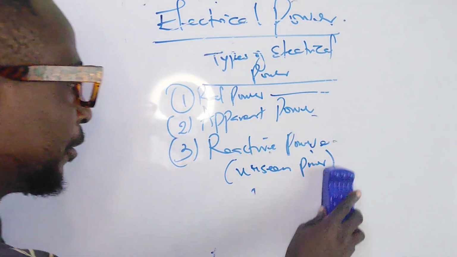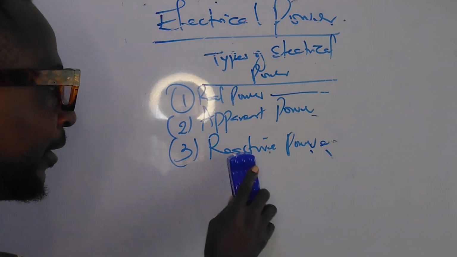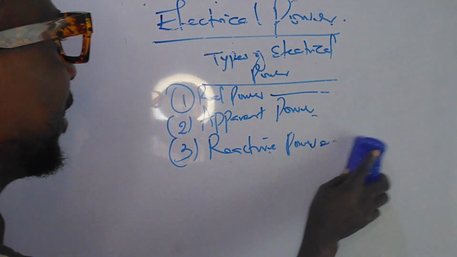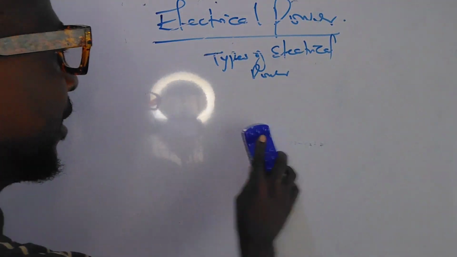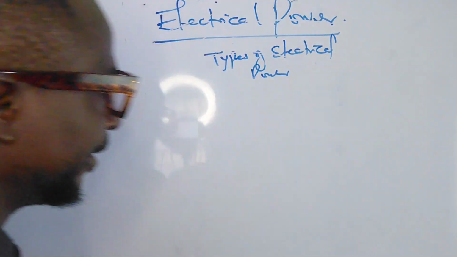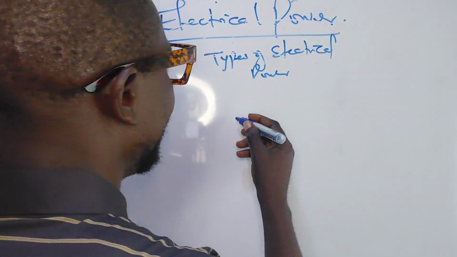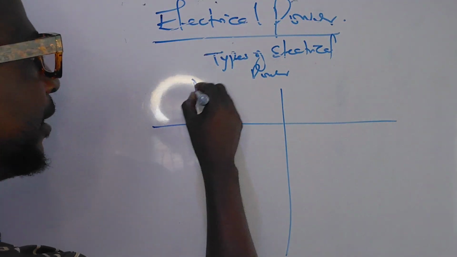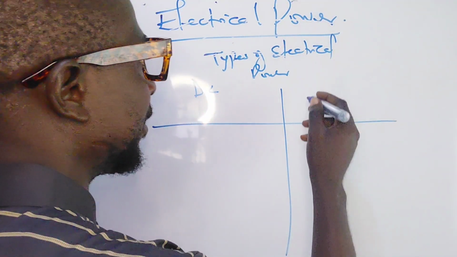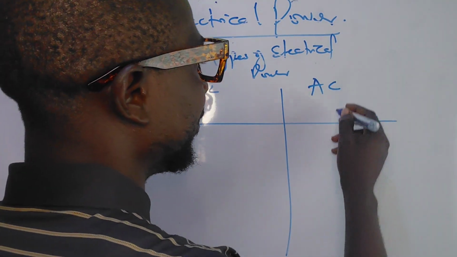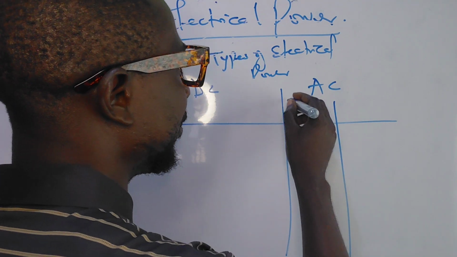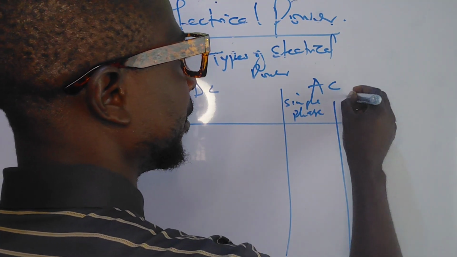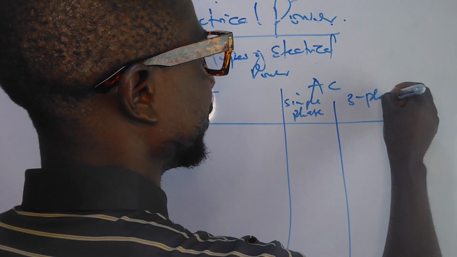Now we discuss the relationship between DC and AC circuits. We have a DC circuit, then we have an AC circuit. In the AC circuit, we have the single phase, then we have the three phase.